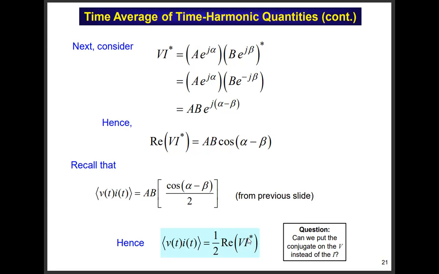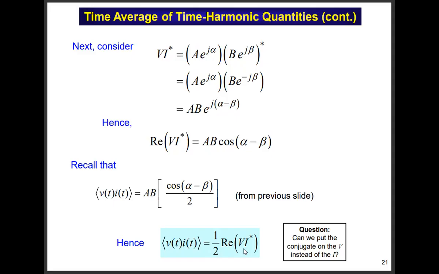If I say I V conjugate, so I put the conjugate over here, what I've really done is this whole term in parentheses, I've taken the conjugate of it, right? What's the conjugate of this whole term in parentheses? It'll be V conjugate times I conjugate conjugate, but I conjugate conjugate is I again, right? So if I switch the conjugate position, I've really taken the conjugate of the term in parentheses.